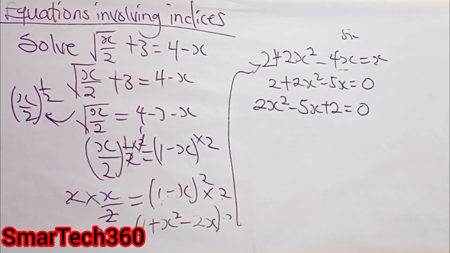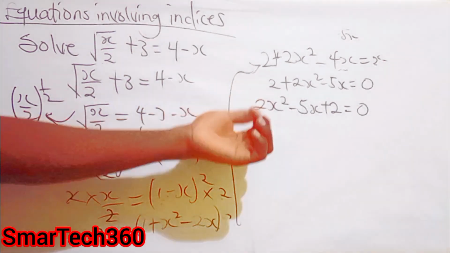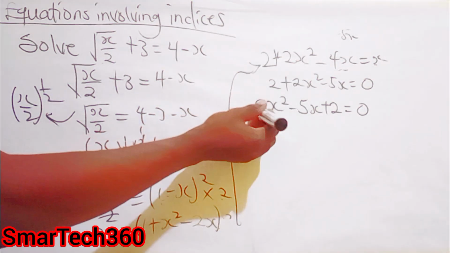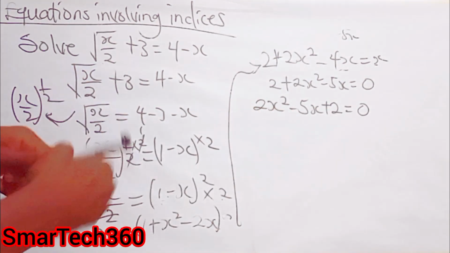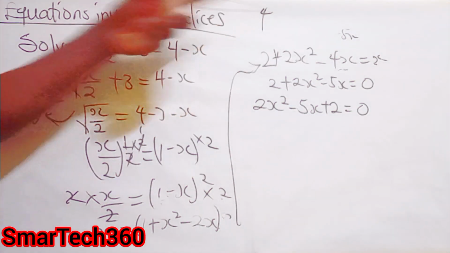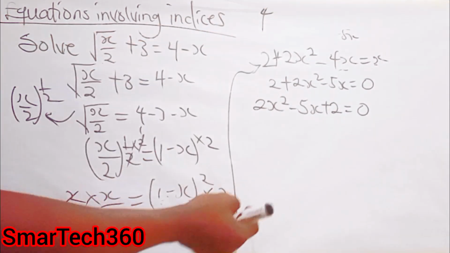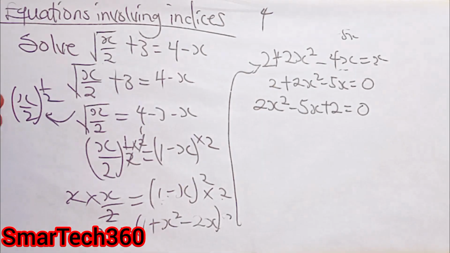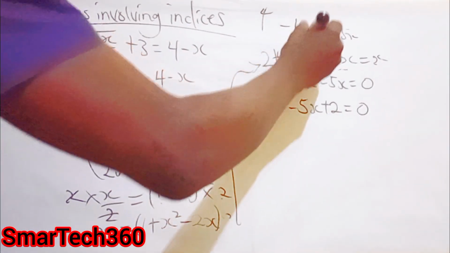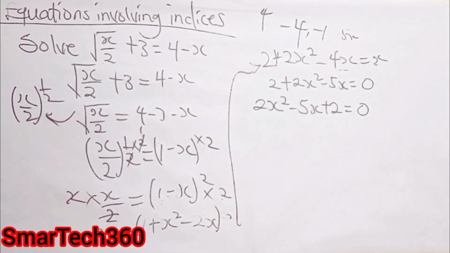Then from here we apply quadratic equations. Take this, that's 2 multiplying 2 gives us 4. Which factors of 4 can you add to get minus 5, and if you multiply them, you get positive 4? If we take minus 4 and minus 1, we replace minus 5x by minus 4x minus 1x.